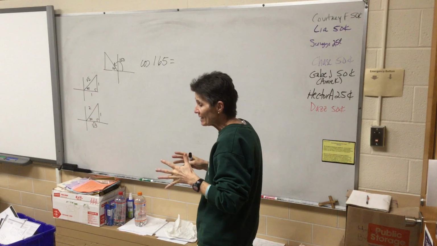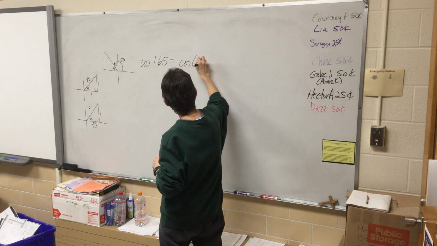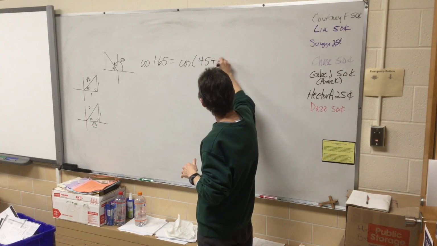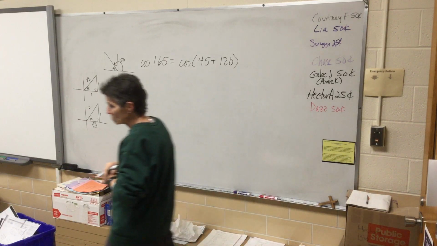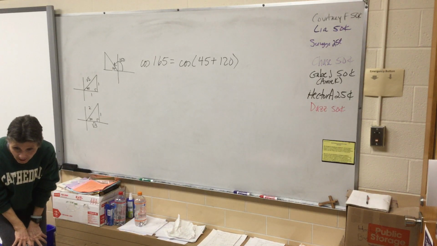I'll give you a hint. When I do this, if the number ends in 5, I always start with a 45. So 165 would be 45 plus 120. Is 120 special, though? Can I use 120? Think about it now.